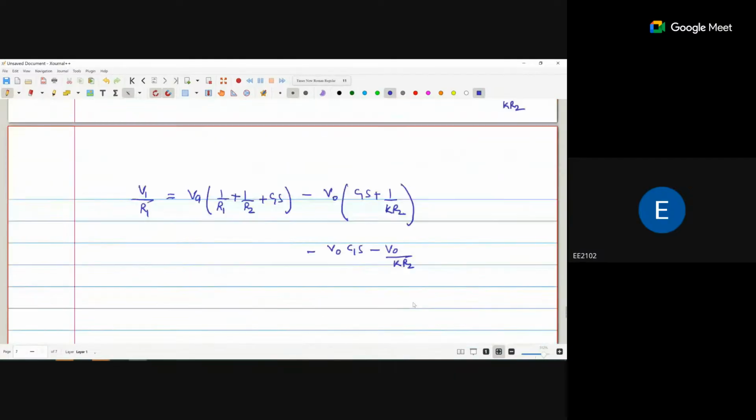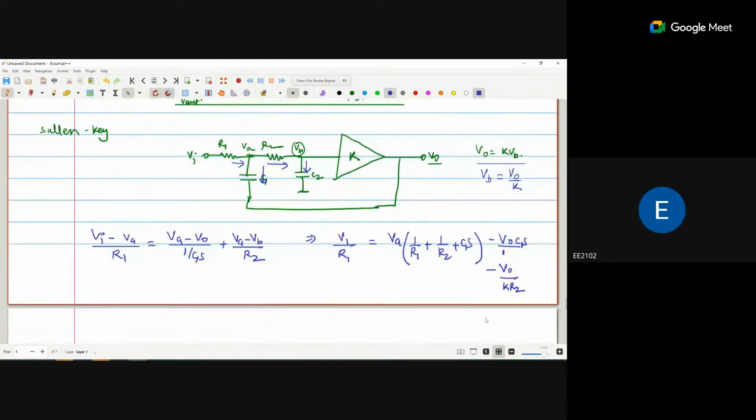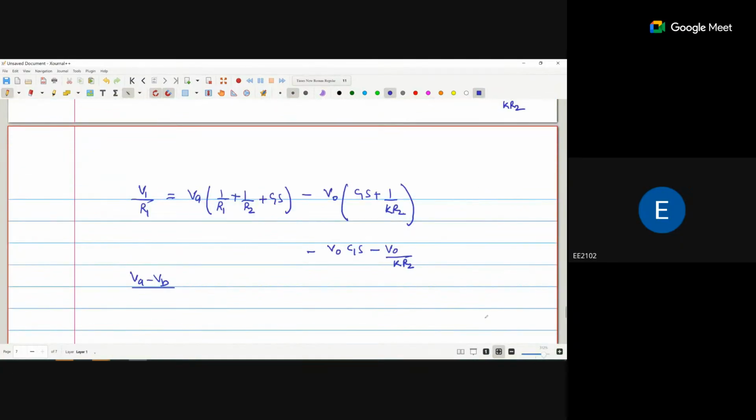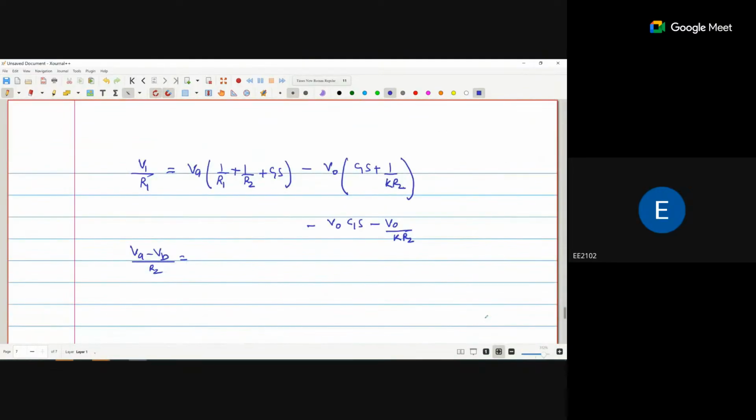So we are getting VA minus VB upon R2 is equal to VB upon 1 by C2S.